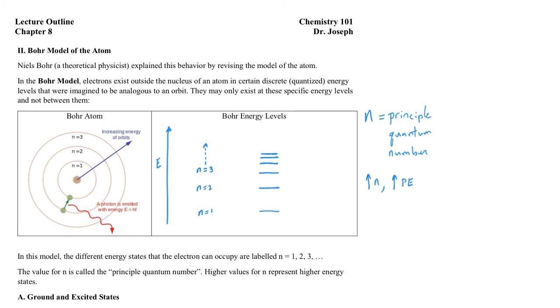We're going to use up arrows and down arrows. You're going to learn why later, but we use these to represent electrons, and they represent what is called the spin state of the electron. We'll call this a spin up electron, and this a spin down electron. We'll learn what that means later on.